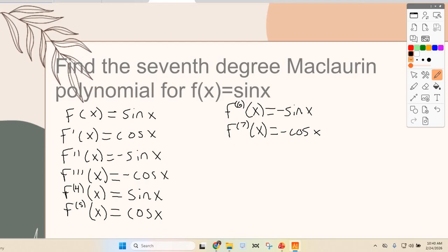I was only left with the evens, right? All the odds went away. Agreed? Okay. And that's because cosine is an even function versus sine is an odd function. So thinking of the same idea, most likely, which it will, all of our even ones are going to go away this time.